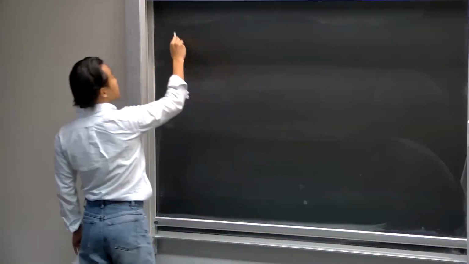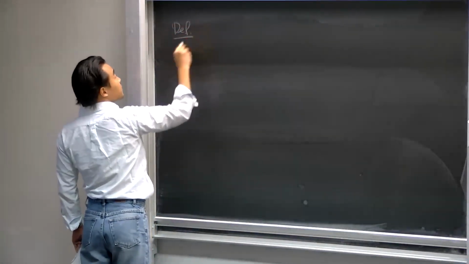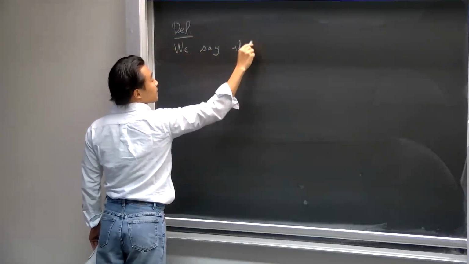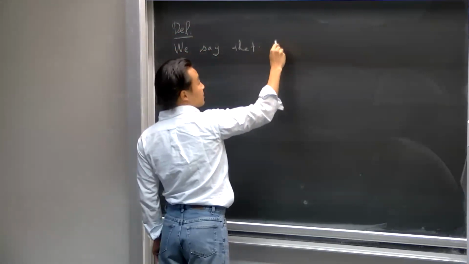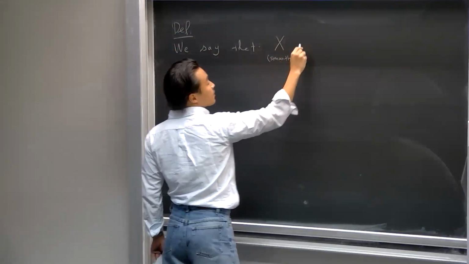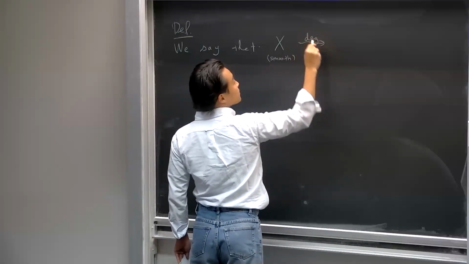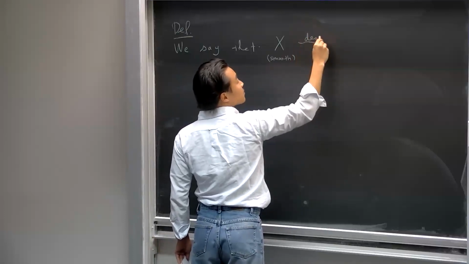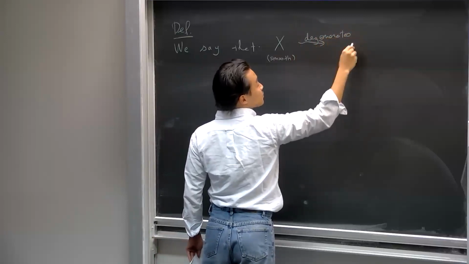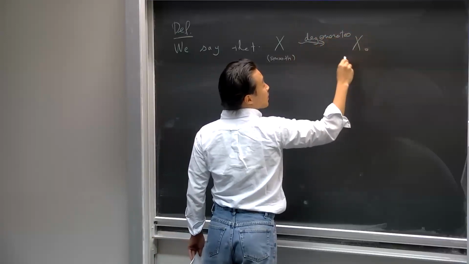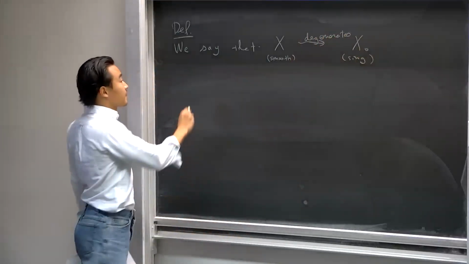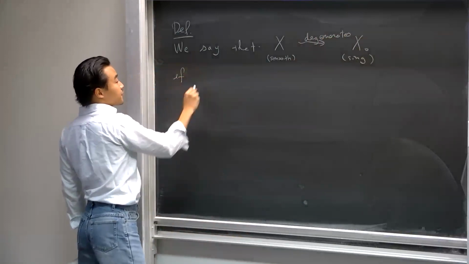We say that a smooth variety X degenerates to a singular variety X0 if you are in the following situation.